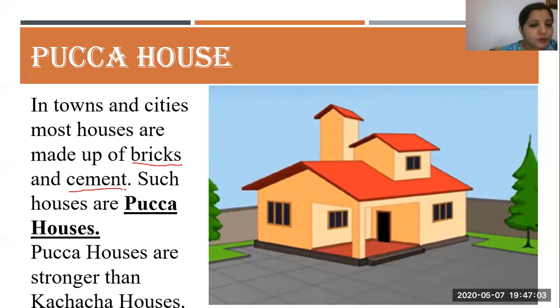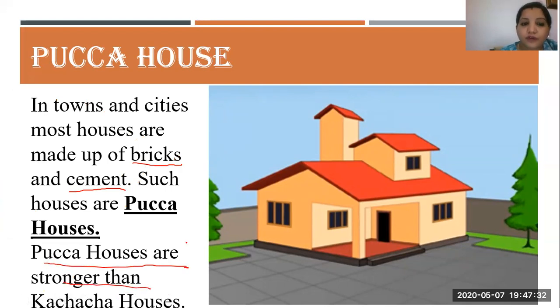People don't use stones, dry leaves, or mud to build a pakka house. Then it is no more a pakka house. It will become kacha house. So a pakka house or a strong house is built with the help of bricks or cement. Some people even use stones also to build pakka house. Yes, children? And these pakka houses are stronger than the kacha house.